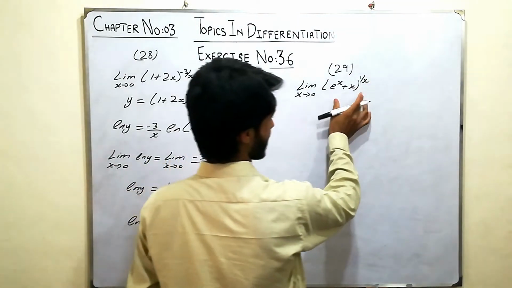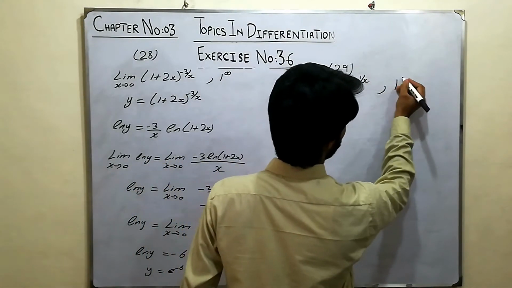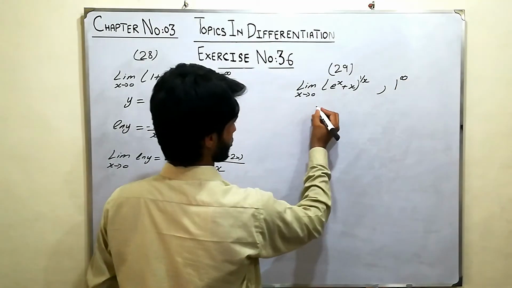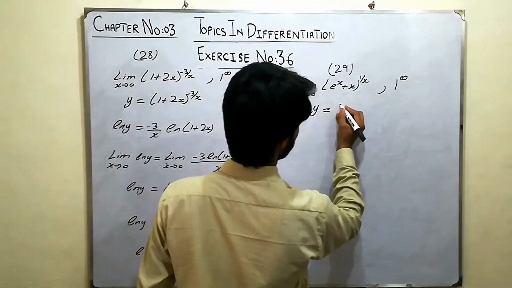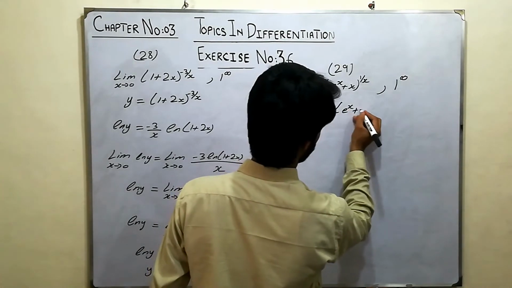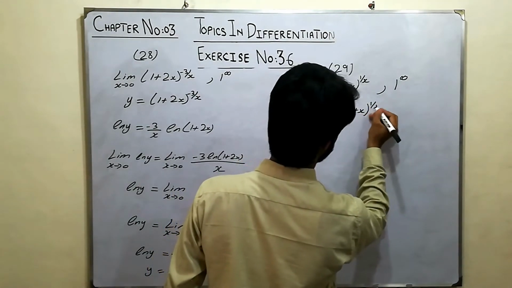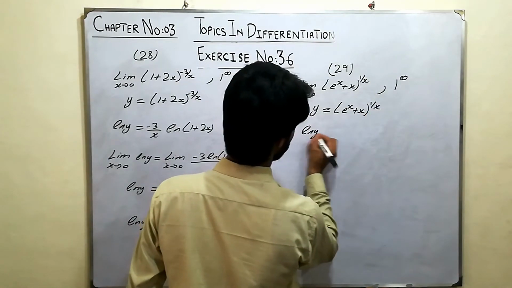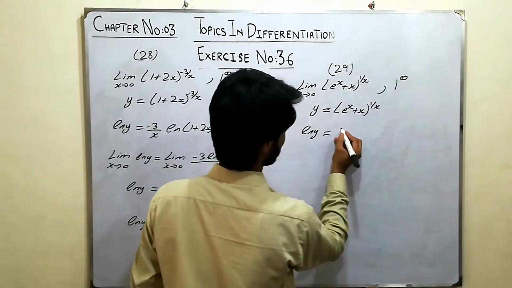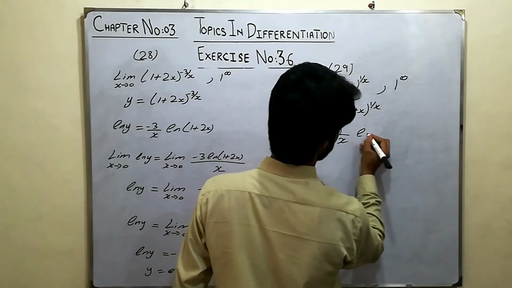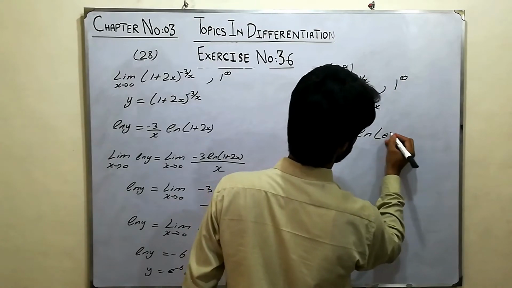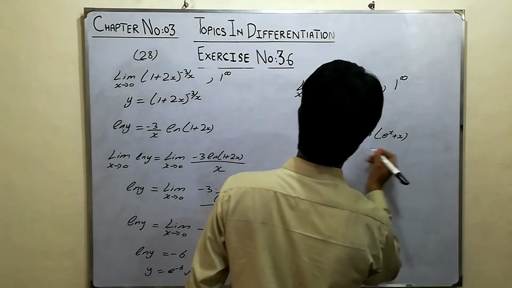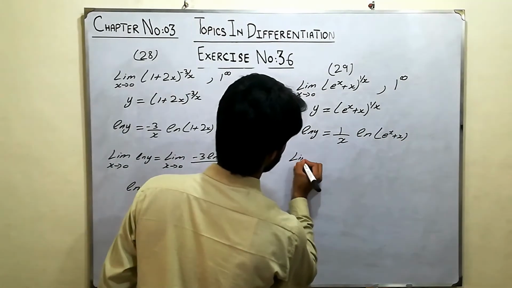If we put the limit in that function, we have the form of 1 to the infinity. So solve by case 2. Step 2, take ln on both sides and use the property of ln. We have 1 by x ln of e to the x plus x. Take limit on both sides.